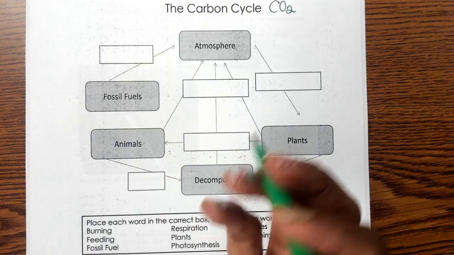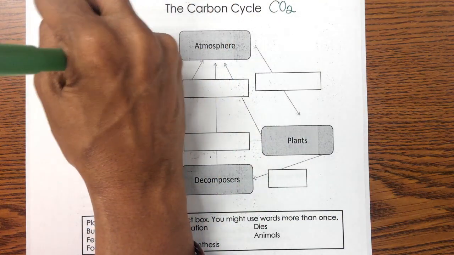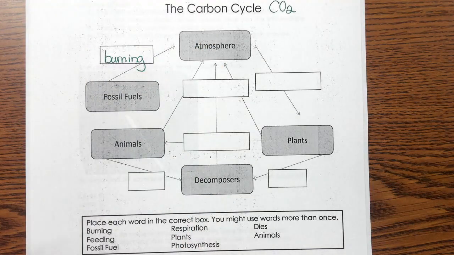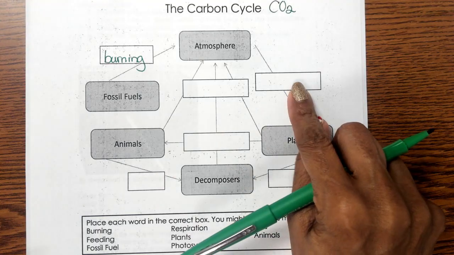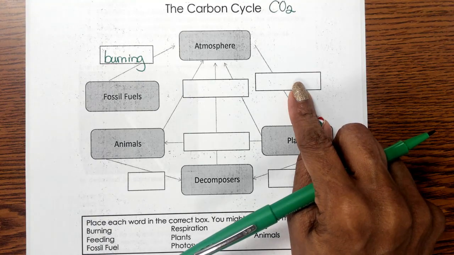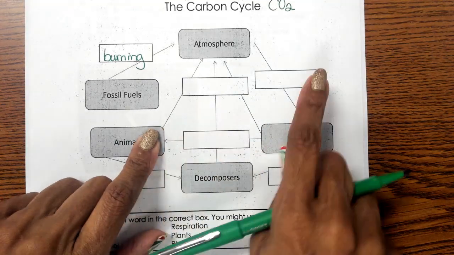So we're going to start over here with fossil fuels. When fossil fuels are burned, that puts carbon in the atmosphere. Okay, when plants let me back up. I'm going to start with animals, then I'll do this next.